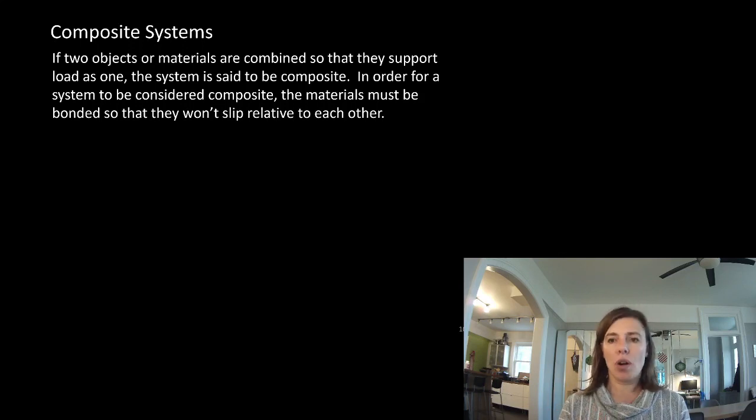Now let's talk about composite systems. So if two systems or materials are combined so that they support load as one, the system is said to be composite. In order for a system to be considered composite, the materials must be bonded so that they won't slip relative to each other.